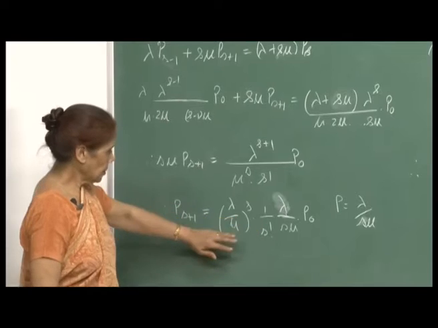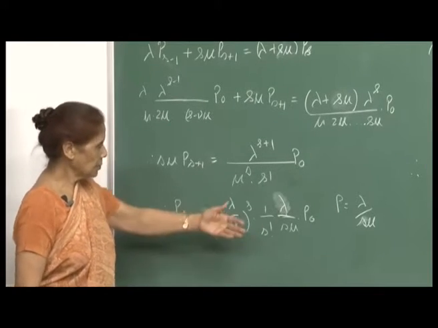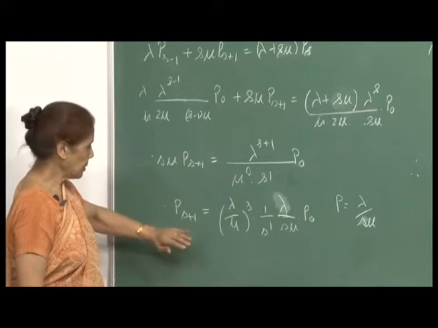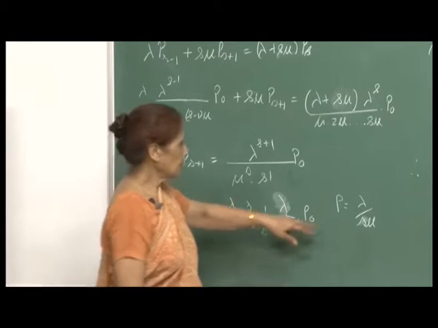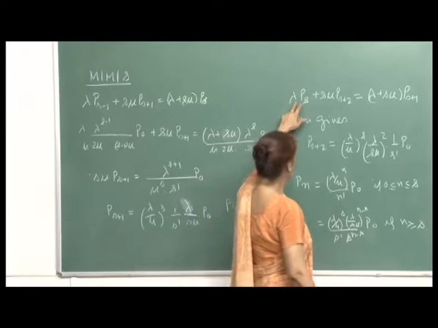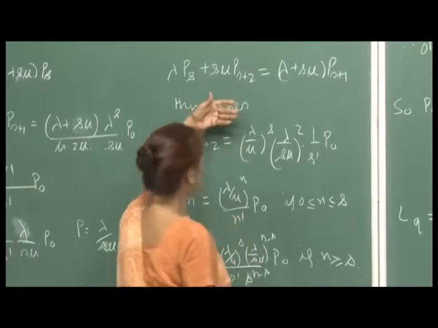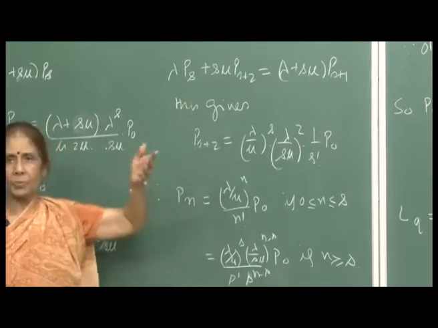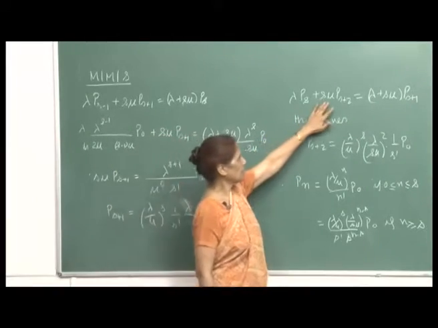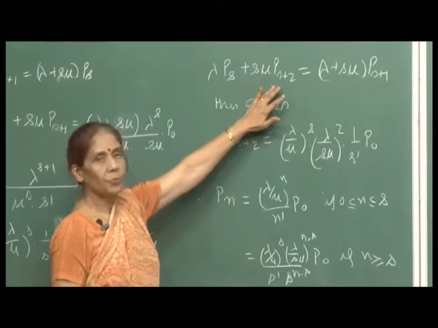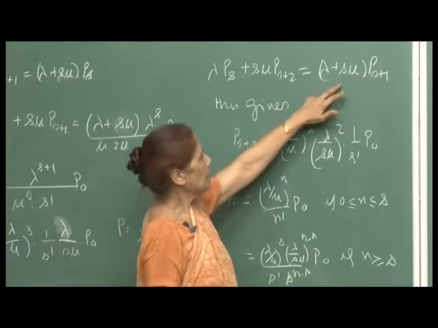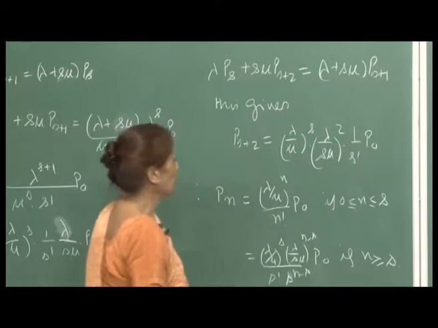I just want to show you that the same formula will continue, and then you can generalize for Pn. Now if you write lambda Ps, then s mu P(s+2), because after you have more than s people, the same service rate will continue. So s mu into P(s+2) is equal to (lambda + s mu) into P(s+1).